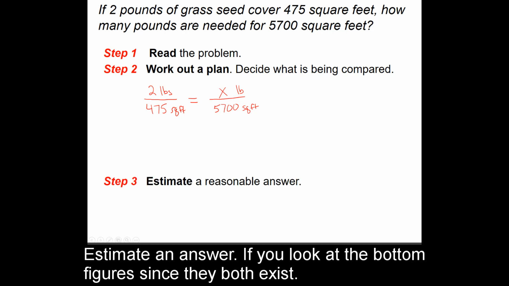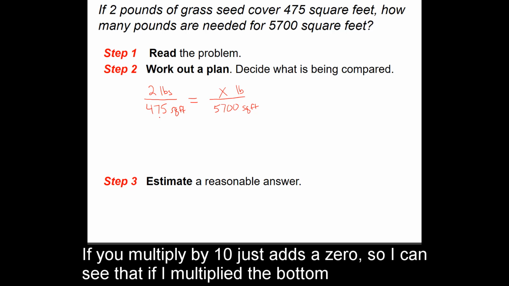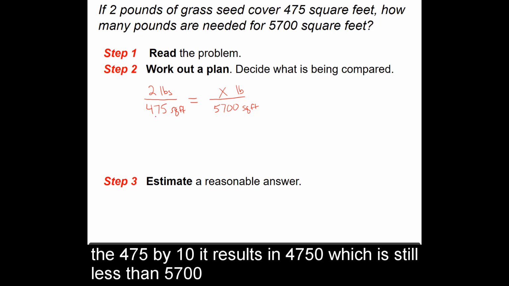Okay, now let's just estimate an answer. Well, if you take a look at the bottom figure, since they both exist, multiplying something by 10 just adds a 0. So I can see that if I multiplied the 475 by 10, I would get 4,750, which is still less than 5,700.